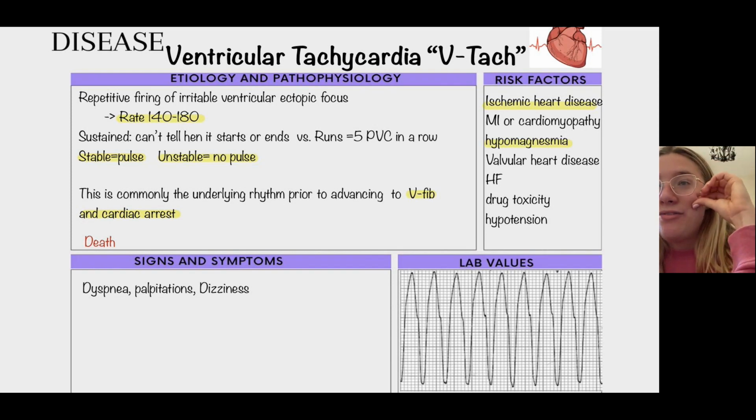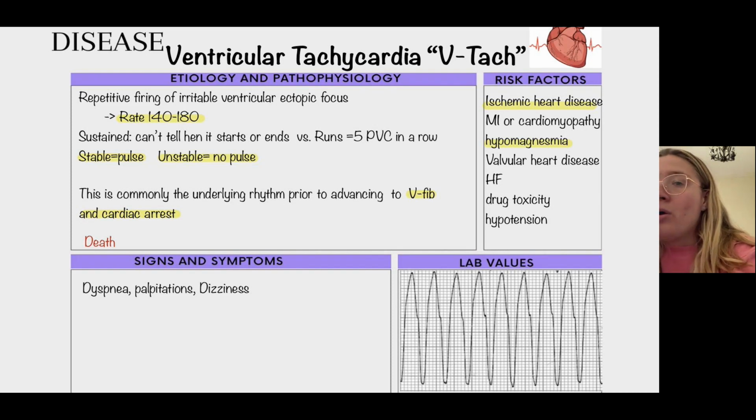But again, if our V-Tach is sustained, it means I don't know when it started and it just keeps on going. Okay, so that is really, really dangerous. This is often the underlying rhythm that puts a patient in either V-Fib or cardiac arrest, and our major complication with an unstable run of V-Tach is death because they are not perfusing.